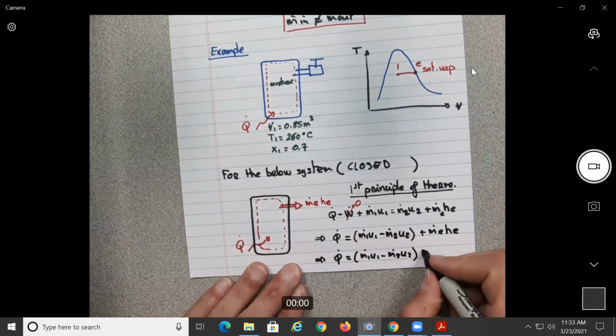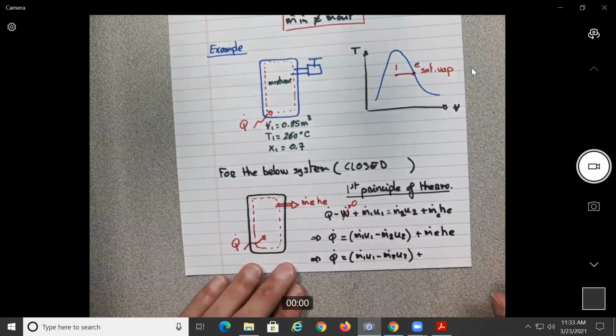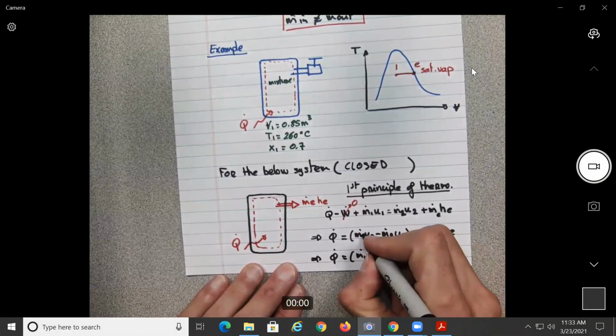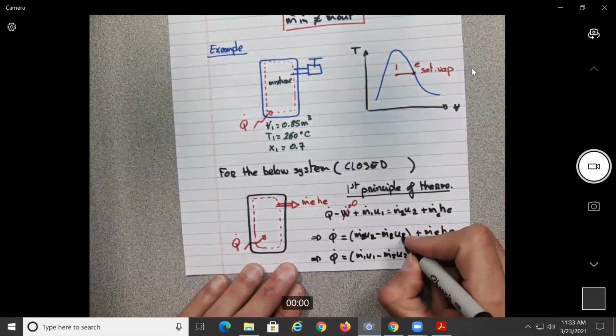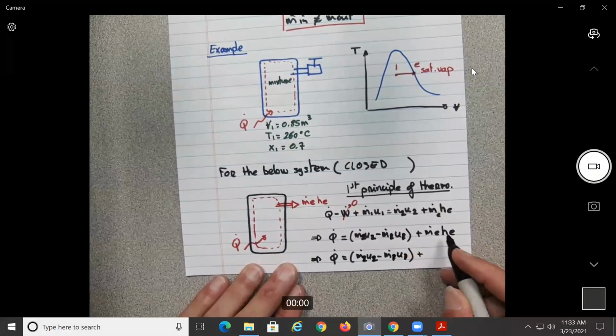Isn't it M dot 2 U2 minus M dot 1 U1? Should be, yes, I moved it to the other side. You're correct. It's M2 minus 1. Sorry. You're right. Correct. I was paying too much attention to this term.